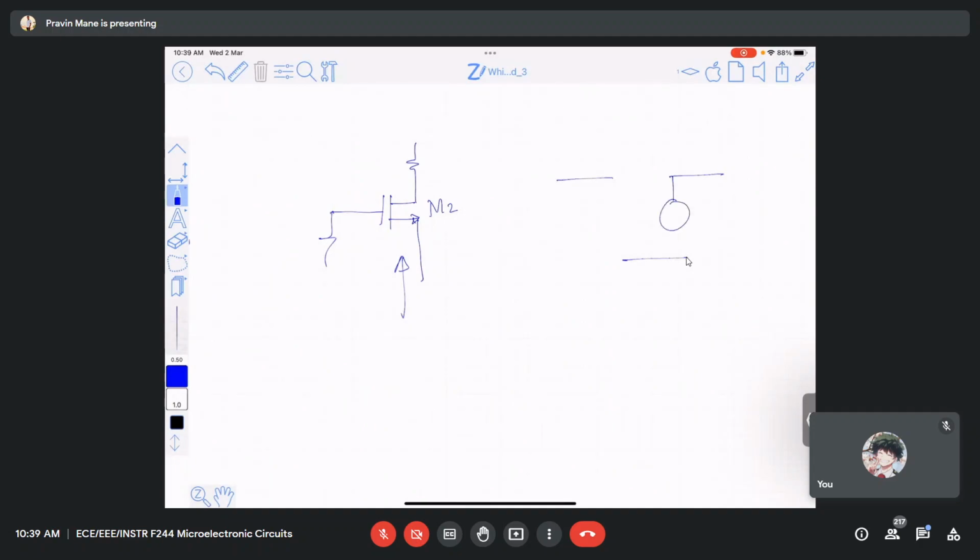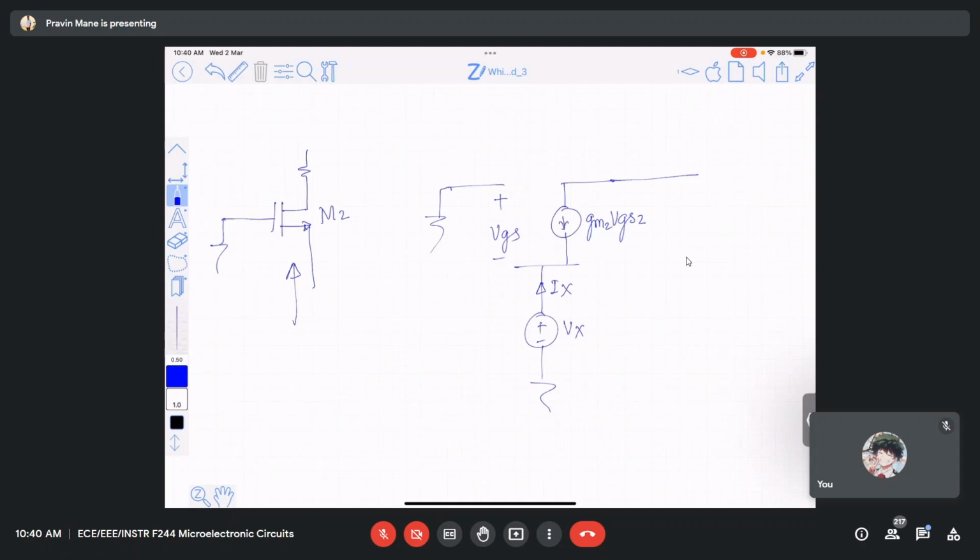Now this is GM2 into VGS2, and the gate terminal is connected to ground for M2. This is plus minus VGS. You connect a known voltage source Vx here and find out what current is drawn from it. Where is the RD? There is an RD. This is the drain terminal. This is RD.